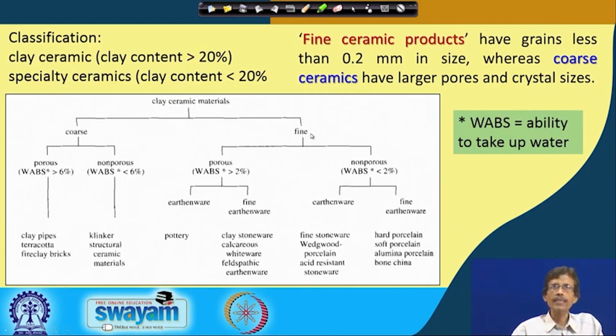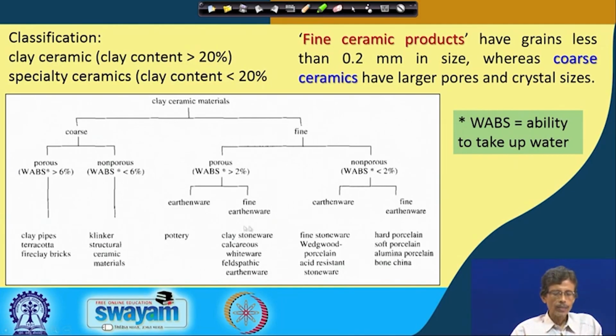For the fine category, again we can have two divisions, porous and non-porous. But porous can further be divided into two depending upon its use. One is earthenware and another is fine earthenware.